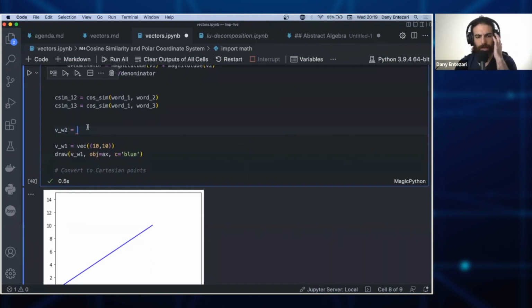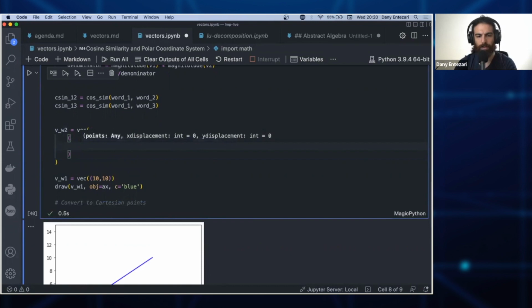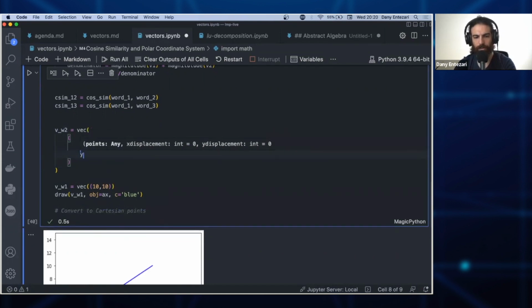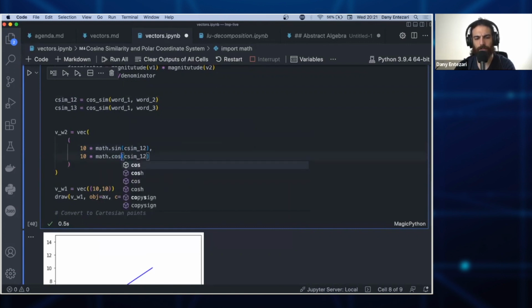So for its x, I'm going to call the vector function to draw a vector. And this will have to be a tuple. So we have x and y, correct? So it's going to be math. Was it sine or cosine? I think it was sine. Math dot sine of the cosine similarity of 1 and 2. Same thing for y. Just going to copy this bit. But this would be cosine.